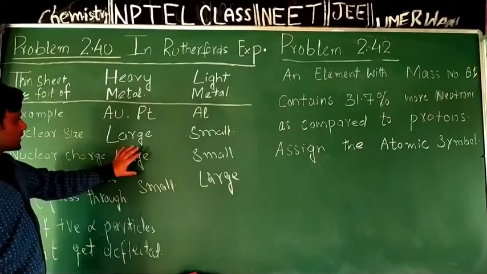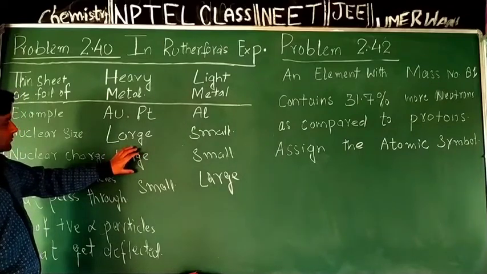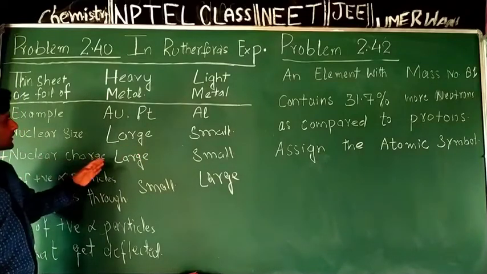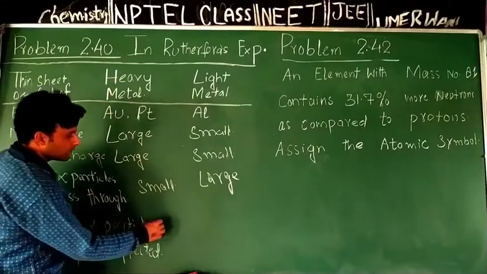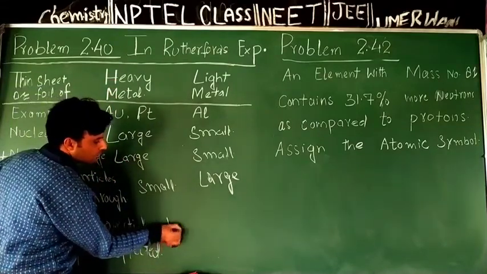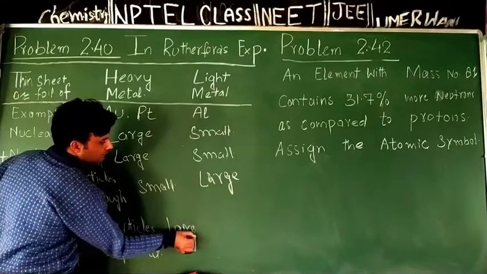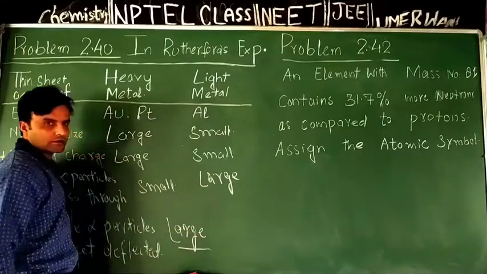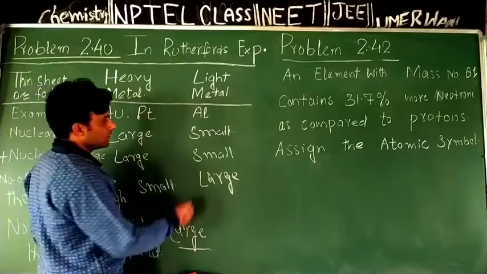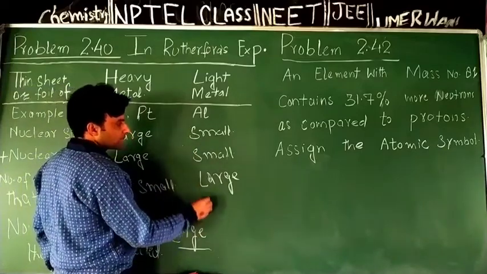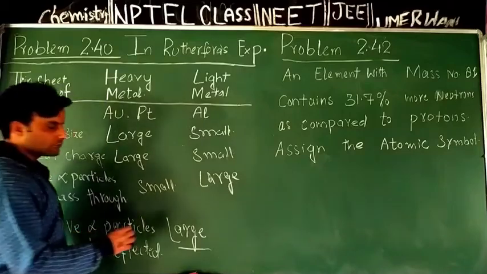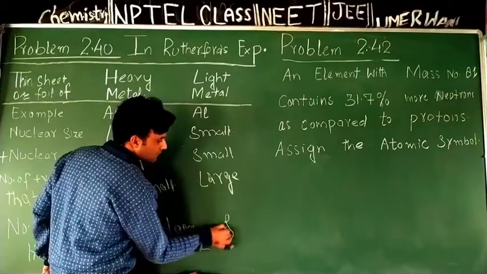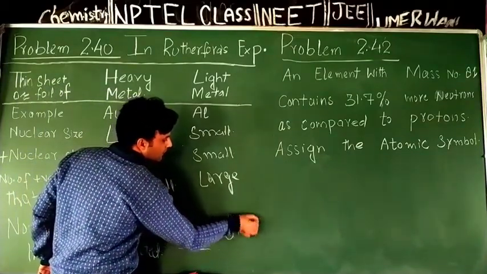Because the magnitude of positive nuclear charge is large in heavy metal atoms, deflection will be large here. A heavy metal atom will deflect a large number of alpha particles, and a light metal atom, because of its small positive nuclear charge, will deflect a small number of alpha particles.